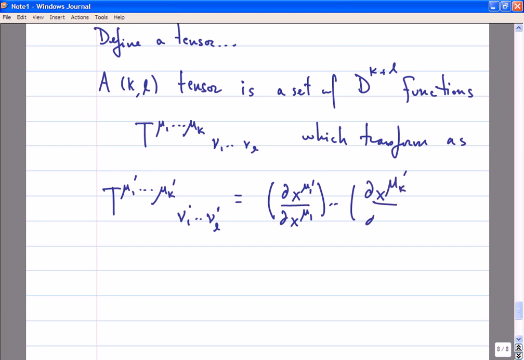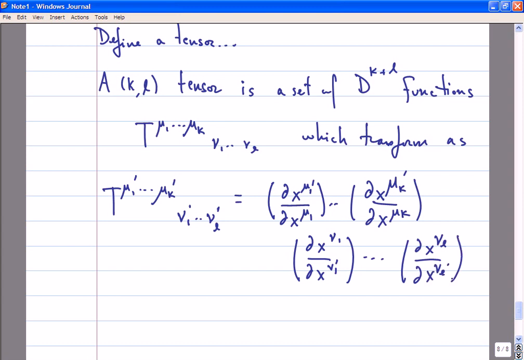And likewise for the covariant lower indices, dx^{mu_1}/dx^{mu_1'} all the way up to dx^{mu_L}/dx^{mu_L'}, times T^{mu_1 ... mu_k}_{mu_1 ... mu_L}. Sorry, I've written it in 3 separate lines. I guess I should have, but they're all multiplied.